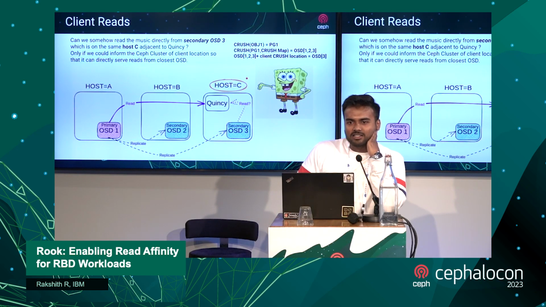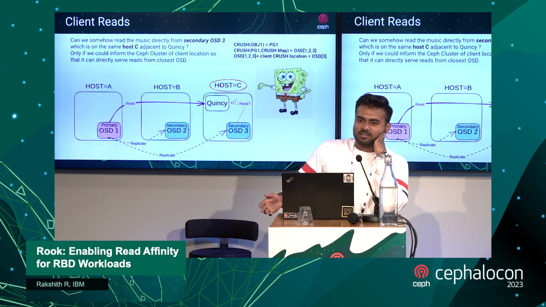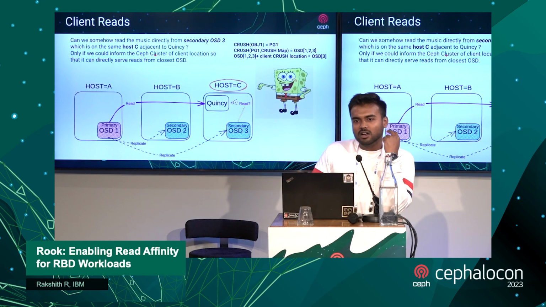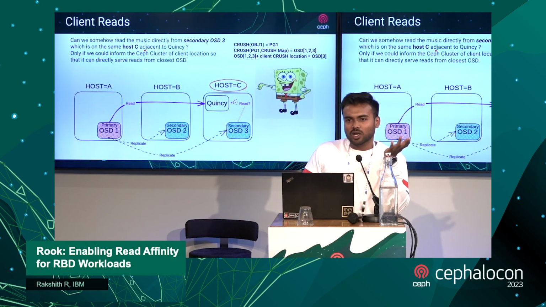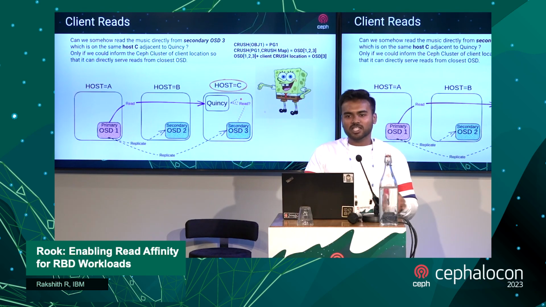So it has access to the node labels, which Rook uses in the first place to distribute OSDs. It supplies this information as crush location and enables read from replica to be set as localized. So now we know the client location. We already have the crush map and all the required details. So we can read directly from the secondary OSD instead of going to the primary OSD.